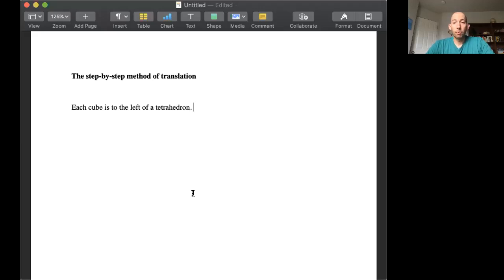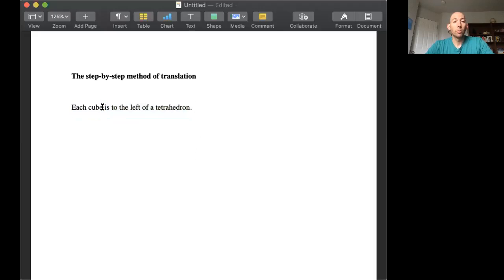If we think about this sentence in terms of its noun phrase and verb phrase, the noun phrase is each cube, and the verb phrase is to the left of a tetrahedron. So the way that we're going to translate this is to actually just start with the noun phrase. That's going to be the first step in our translation.